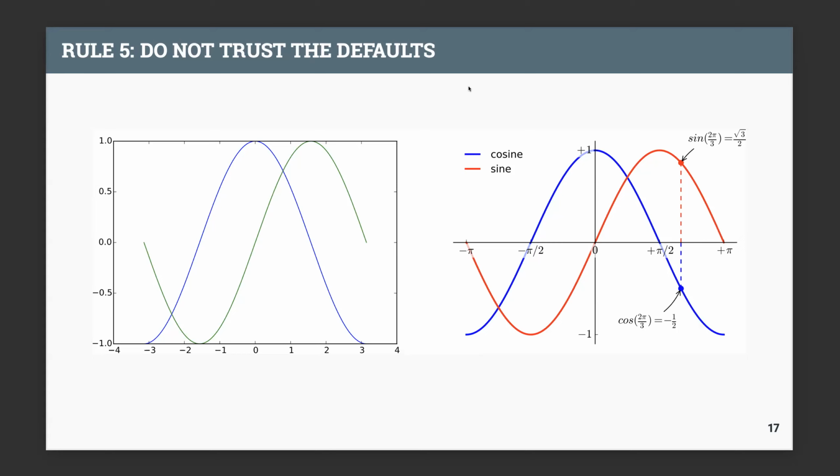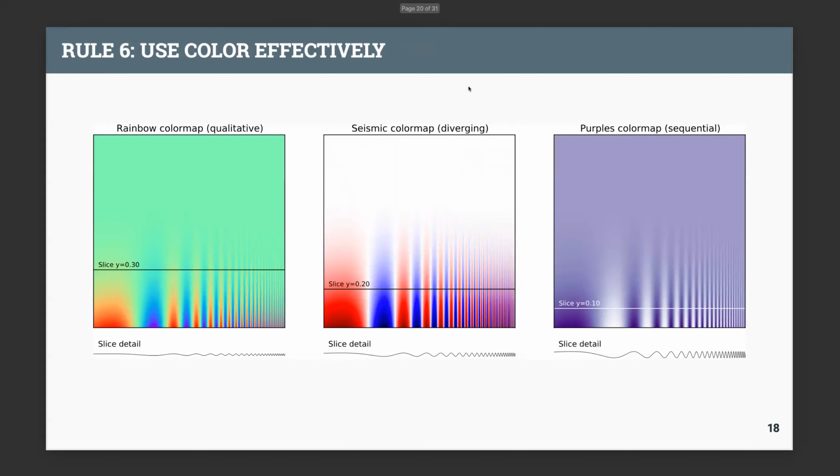So it's only a matter of modifying some of the defaults to improve your figure a little bit. With experience, it's not so hard to do, but you can also lose a lot of time doing this kind of tweaking.